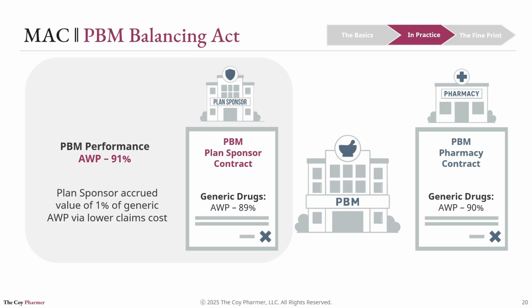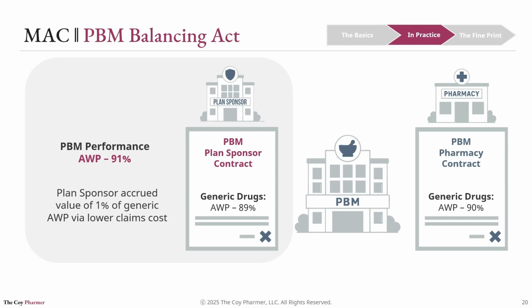That means that the PBM is guaranteeing in this case that the plan sponsor will reimburse pharmacies for generic drugs no less favorable than AWP minus 89%. However, any overperformance generally can accrue to the plan sponsor as they're being billed less for claims throughout the year.